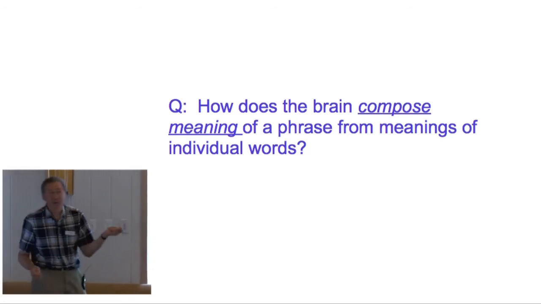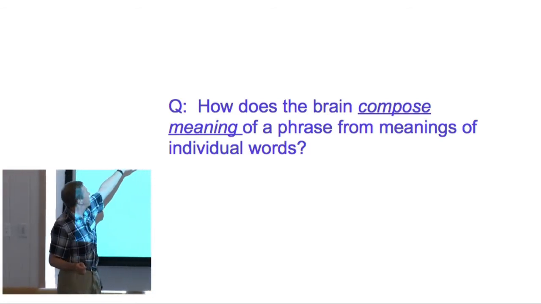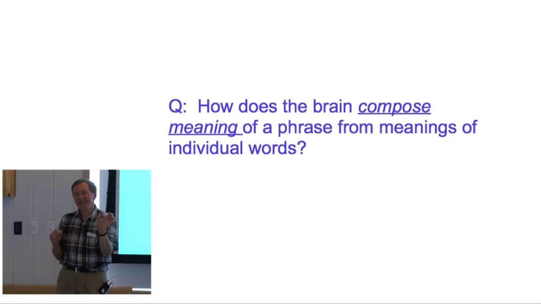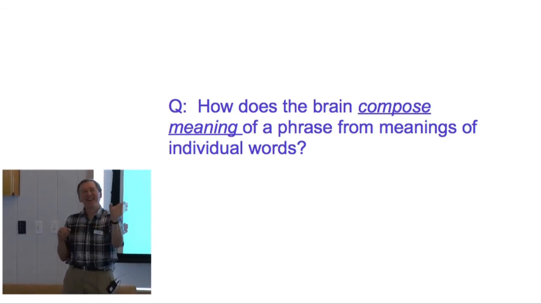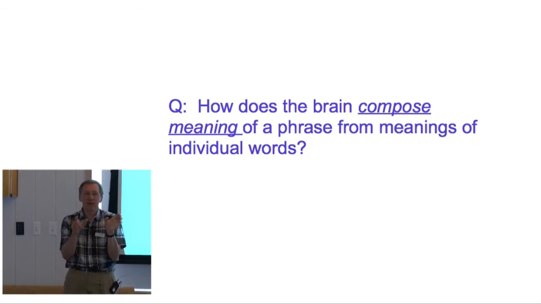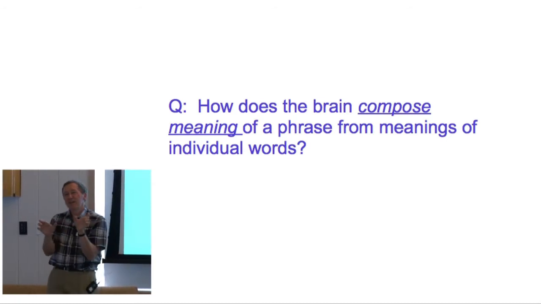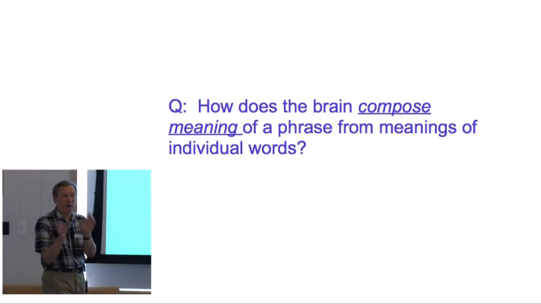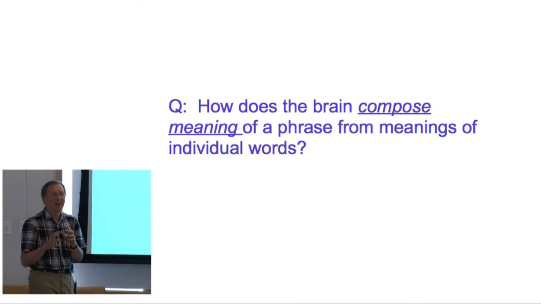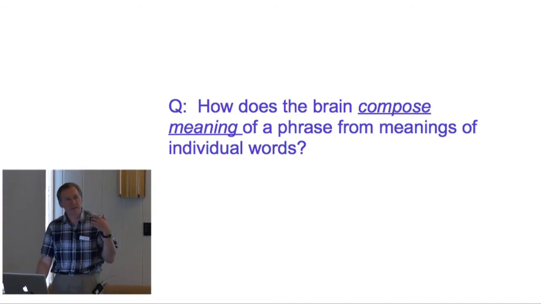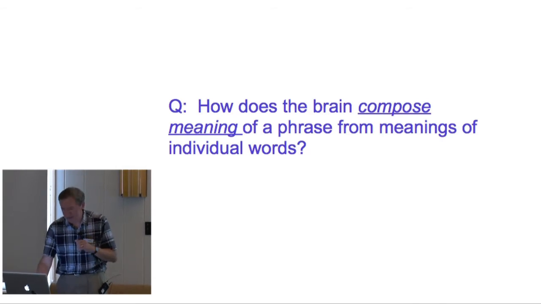So for example, one question we're interested in language processing is, if I say to you bear, and get their fMRI activation, then if I say to you hungry bear, what's the relationship between the neural coding for hungry, for bear, and for hungry bear, the phrase? How does your brain compose the meaning of these multiple symbol phrases?